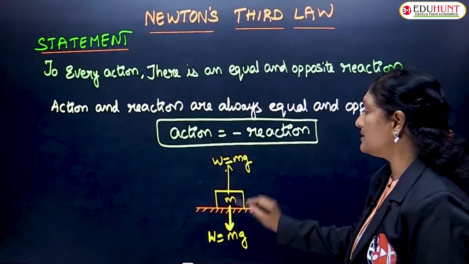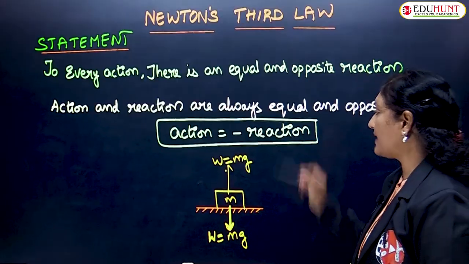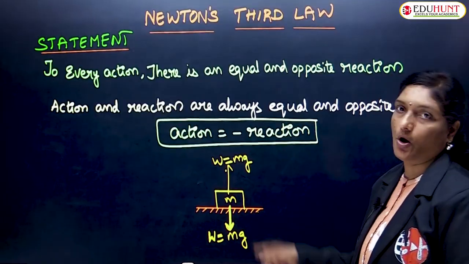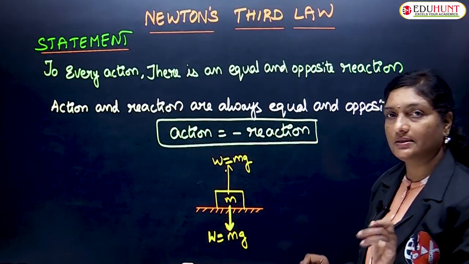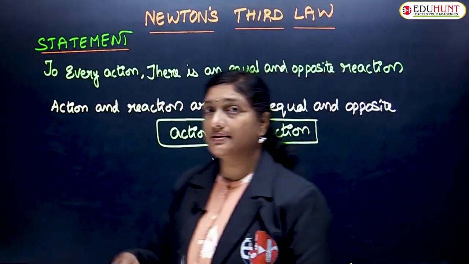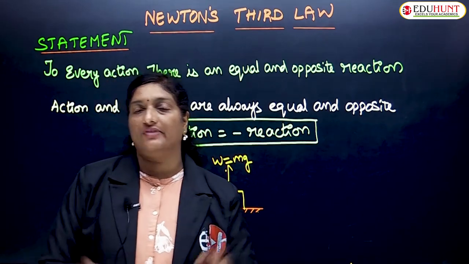So the action means the force exerted by the block on the floor. Reaction means the force exerted by the floor on the block. Both are in opposite direction. Isn't it clear children? So it's very clear that these two are acting together but on two different bodies.